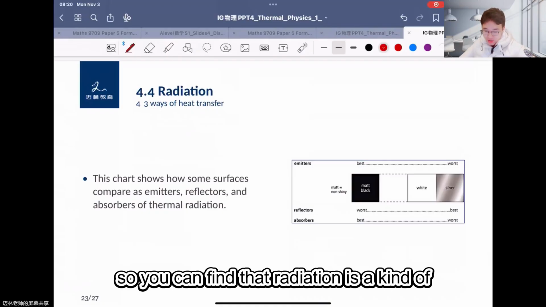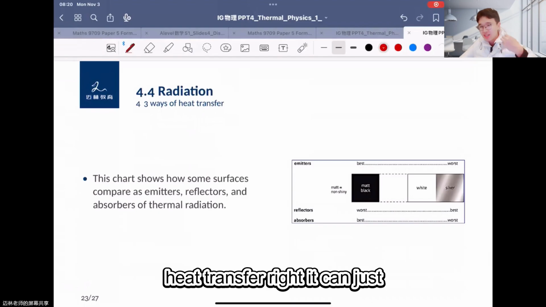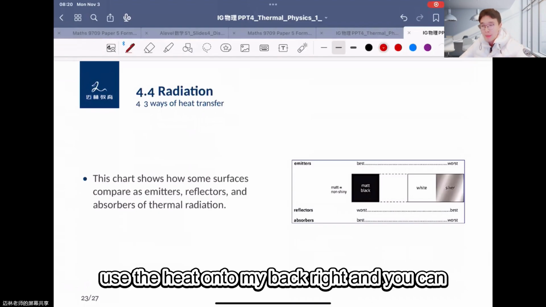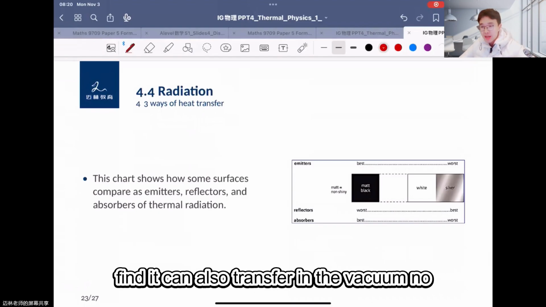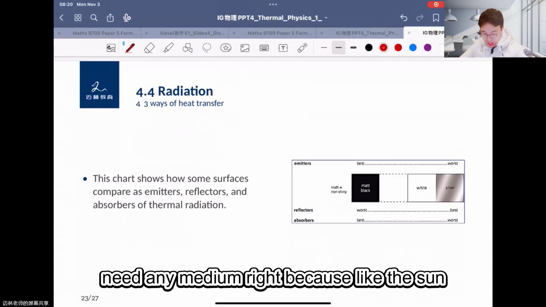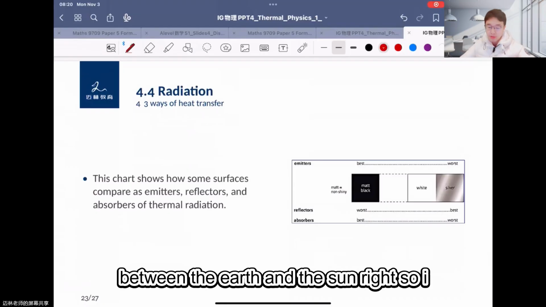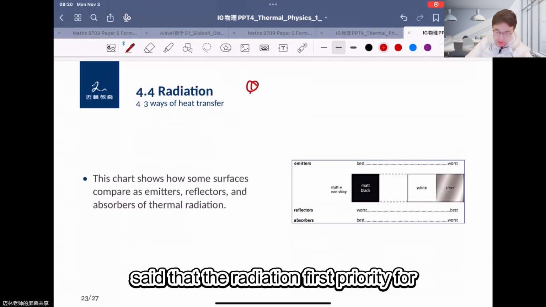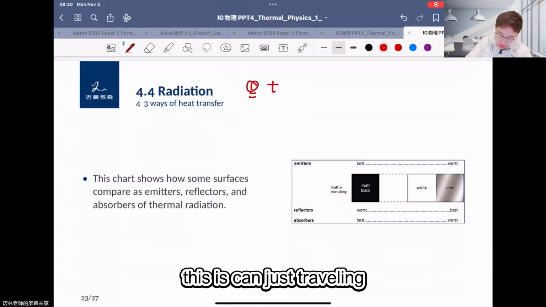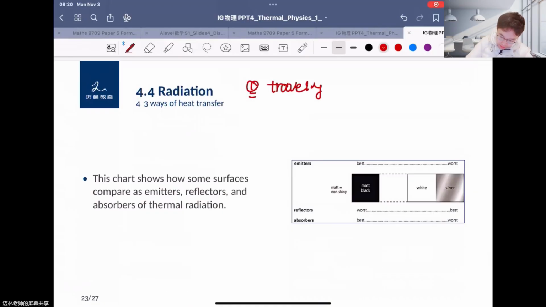Okay, so you can find that radiation is a kind of heat transfer, right? It can apply heat onto my back, right? And you can find it can also transfer in a vacuum, with no need for any medium, right? Because the sun is in space, right? There is a vacuum between the Earth and the sun, right? So I say that the first property of radiation is that it can travel in a vacuum, okay?